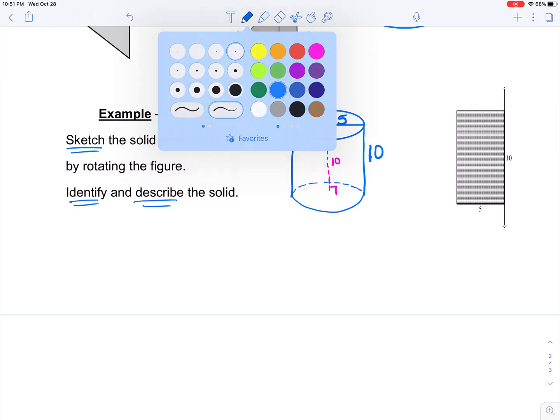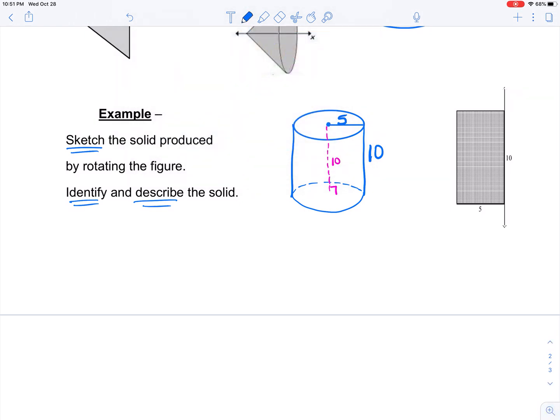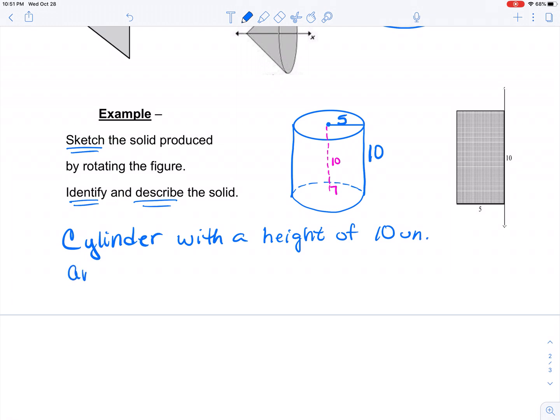Now I have to identify and describe. So identify, saying it's a cylinder, and describing it. So it's a cylinder with, a basic description, a height of 10 units and a base radius of 5 units.